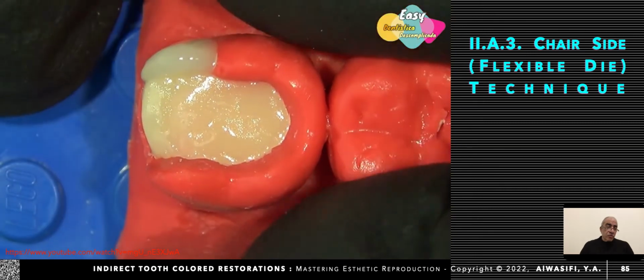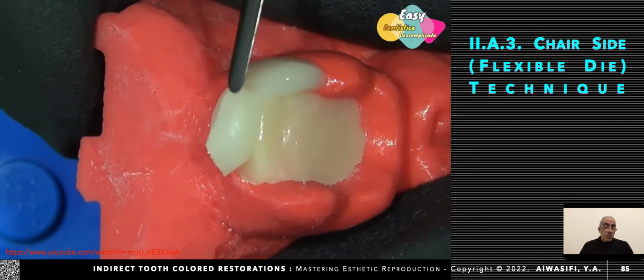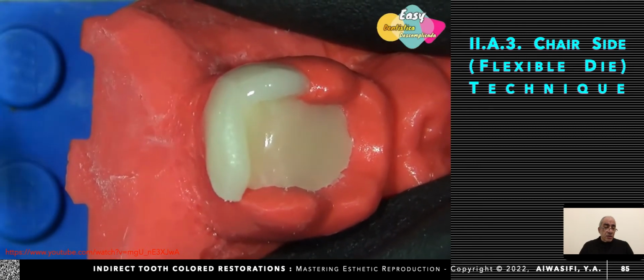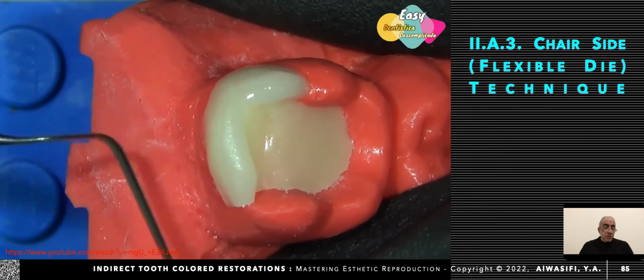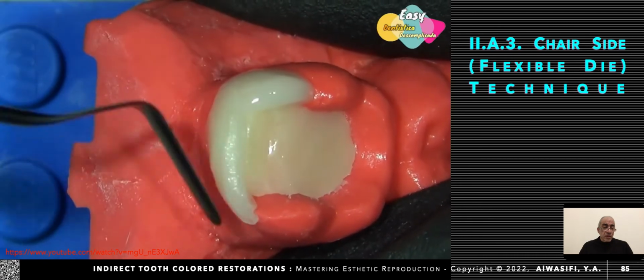In such a condition, don't forget to have a reference for your occlusion by taking an impression for the opposing arch to check your occlusion.